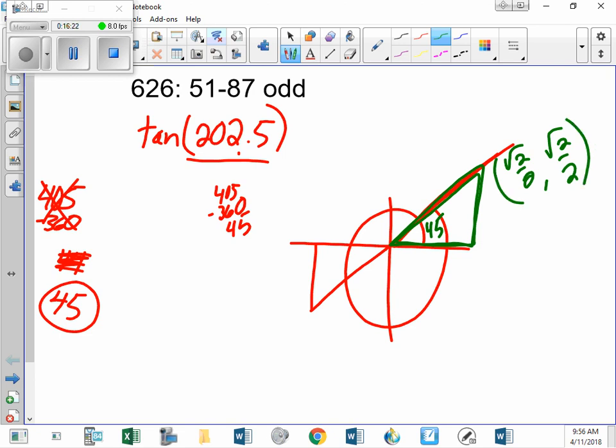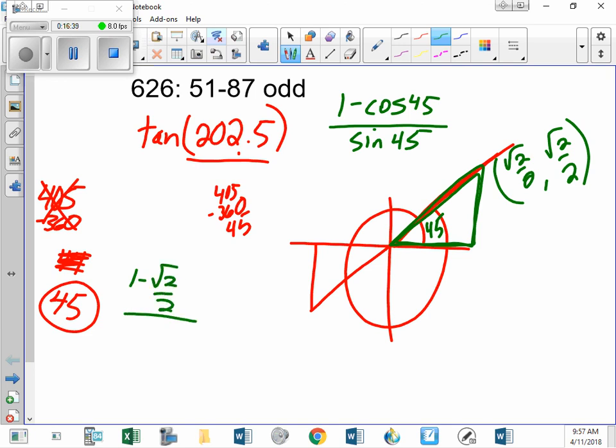Right? So let's do the first formula, because it doesn't really matter. 1 minus the cosine of 45 over sine of 45. So on top, I get 1 minus root 2 over 2 over root 2 over 2.